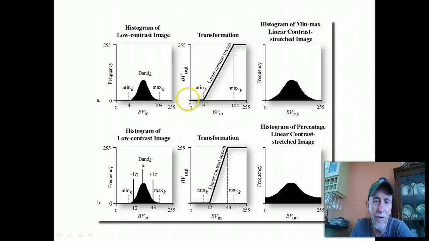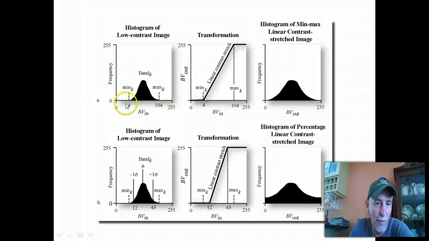Now, stretching, this is something that we do pretty much on the fly in ArcGIS and in most remote sensing applications now. And so in stretching, what we're doing is we're trying to visually improve the interpretability of the image, and we do that by taking the raw range, or the given range of a particular image. This one ranging, you can see, from 4 to 104.